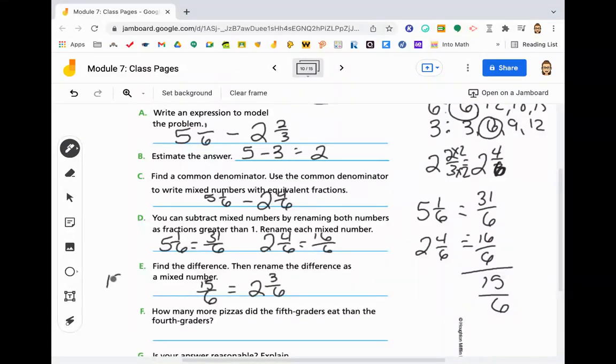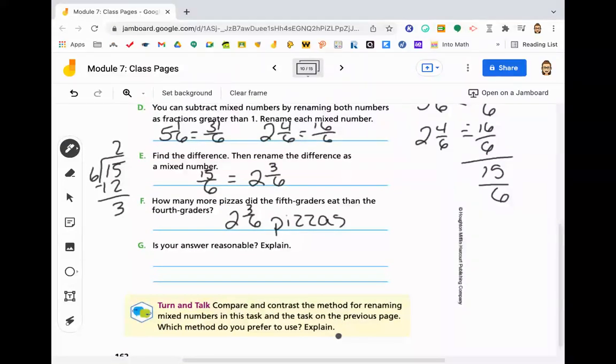And you can see that by doing 15, 6 times 2 is 12, 3. So 2 and 3/6. So how many more pizzas did the fifth graders eat than the fourth graders? It'd be 2 and 3/6 pizzas, which is also the same as 2.5.